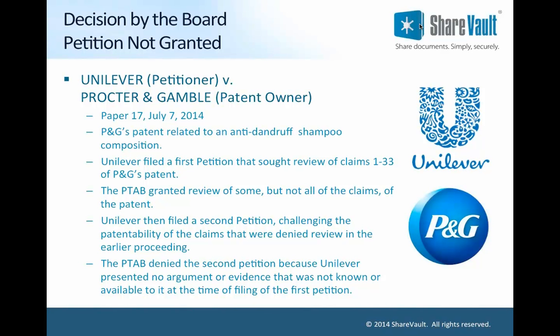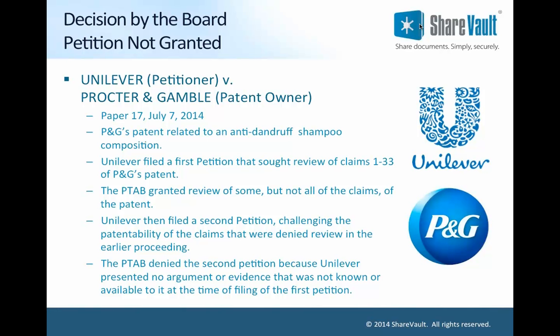And then they filed a second petition challenging the patentability of the claims which weren't granted review, essentially under the same grounds as had been cited previously, although they added some new prior art.